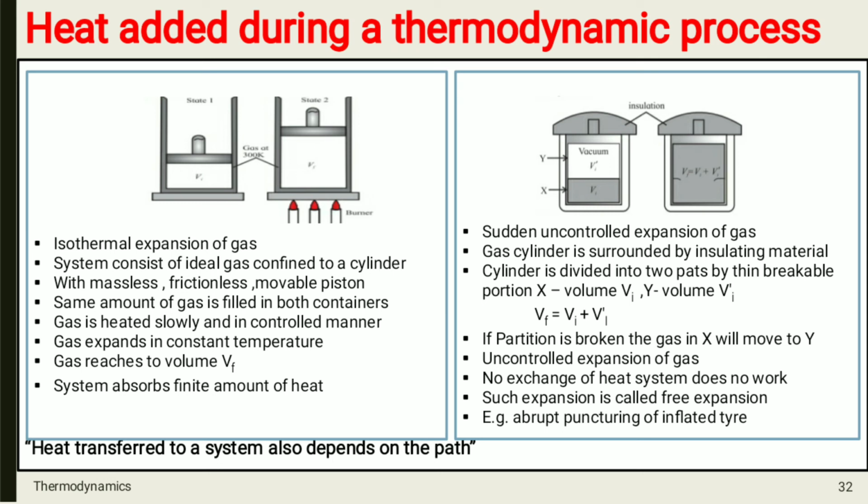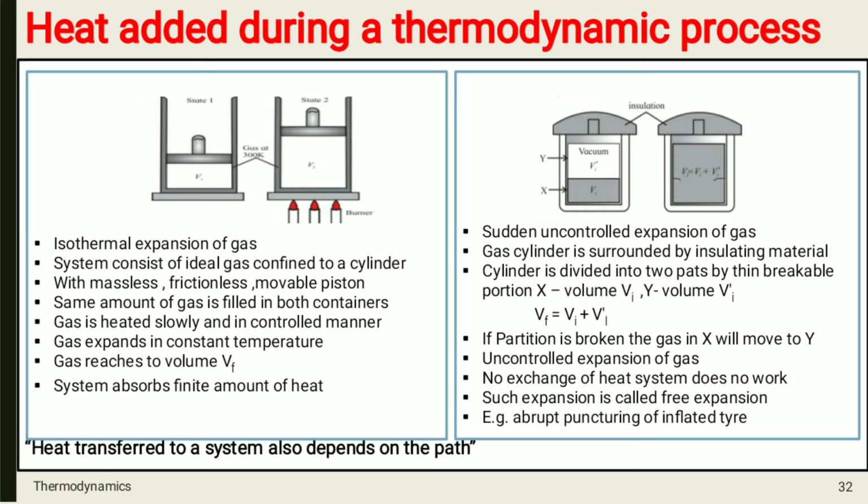So in the first diagram what you will see is that the position of the piston is different, that is, the piston is displaced in the outward direction when we have applied heat to the system, and the volume of gas increases and pressure decreases.